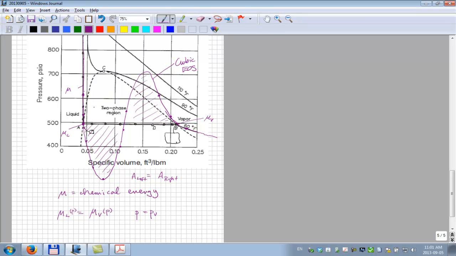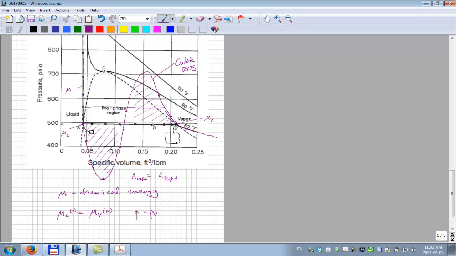So you just pick a pressure. If we pick the pressure here, you'd clearly see you've got way more area on the left than you have on the right. It's out of balance. Only when you pick the right pressure, 490 psi here, do you get an equal splitting of the van der Waals loop.